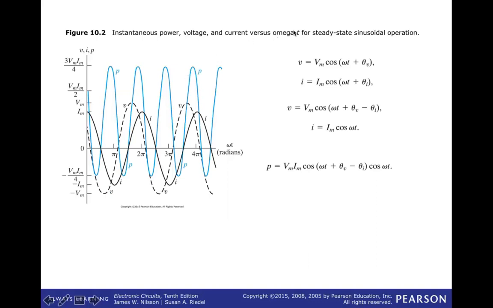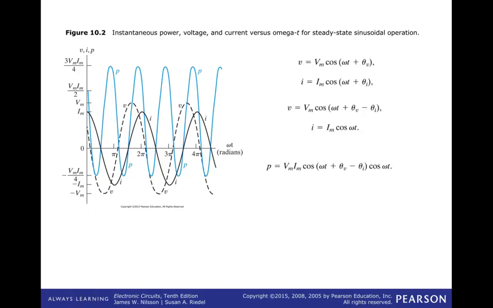So when we have an AC signal, we have several different terms that we use for power, and the first is instantaneous power. Instantaneous power is basically the power as a function of time. If we have a sinusoidal voltage as a function of time and a sinusoidal current, and we take the product of those two, V times I, then we get the instantaneous power.